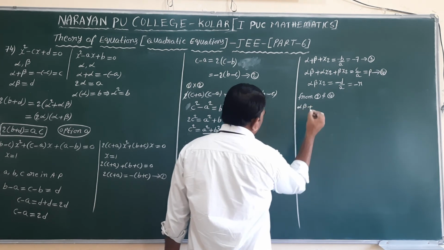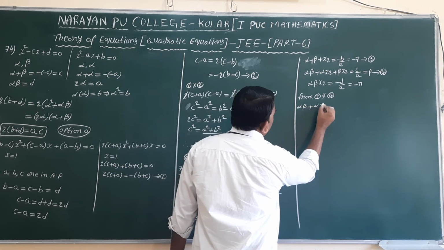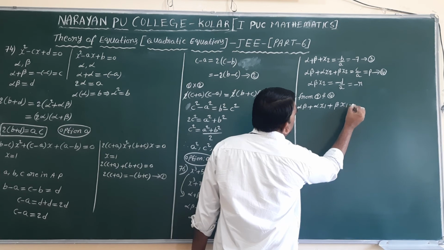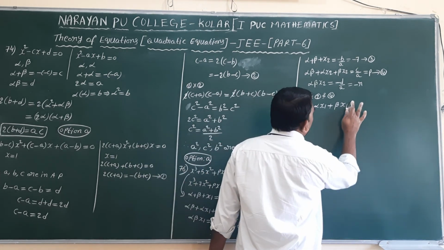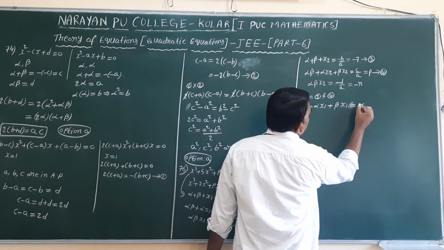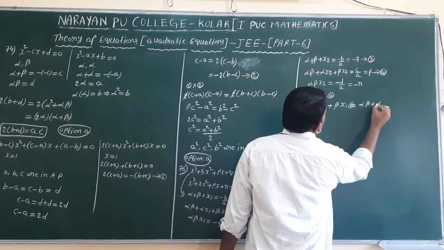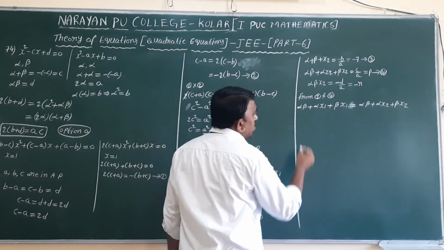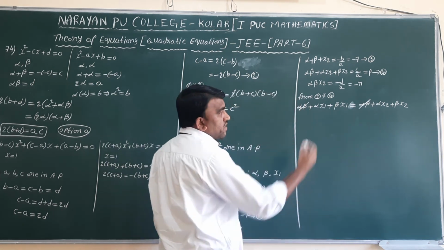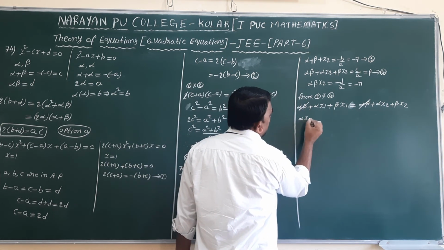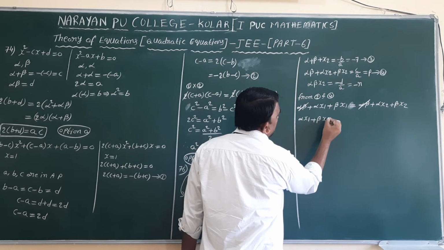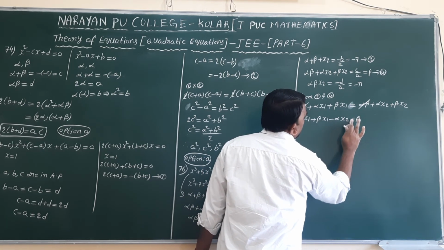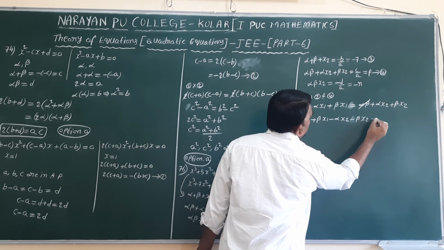Alpha beta plus alpha x1 plus beta x1 is equal to alpha beta plus alpha x2 plus beta x2. So alpha beta cancelled. Send the right side value to the left side: alpha x1 plus beta x1 minus alpha x2 minus beta x2 equals 0.